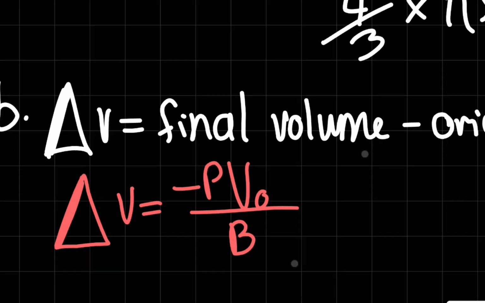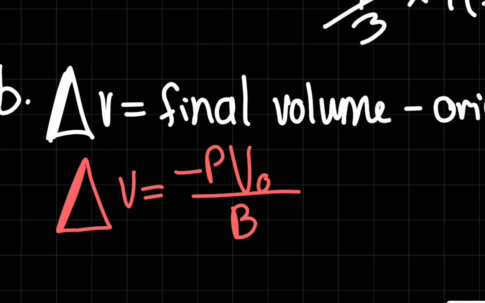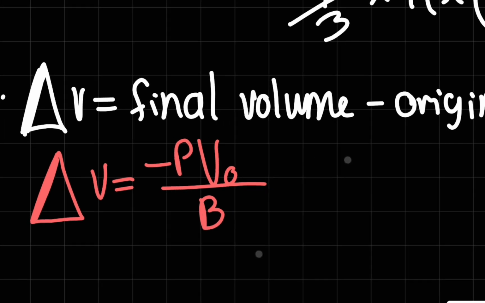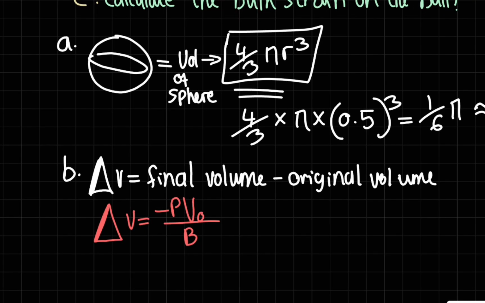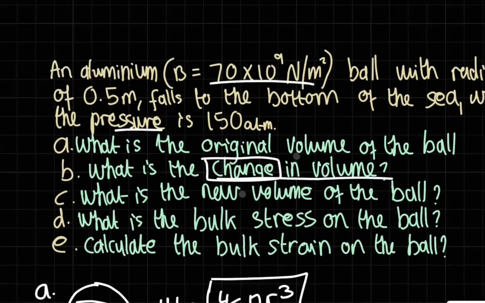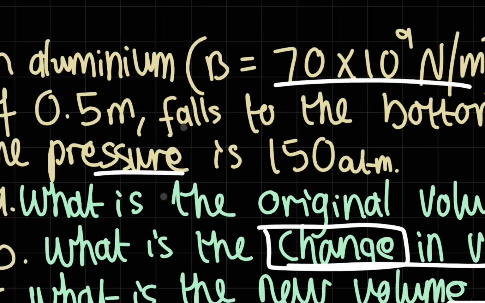The equation which links the change in volume to the pressure and bulk modulus is this one over here. The change in volume is negative pressure multiplied by the original volume, V0, over B, which is the bulk modulus.